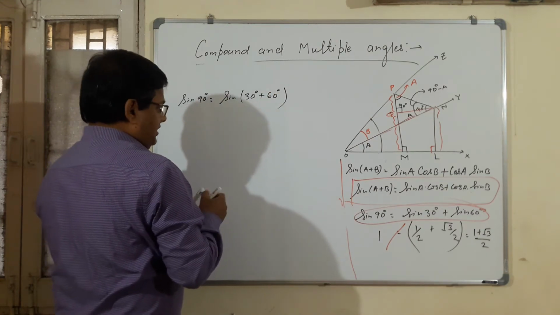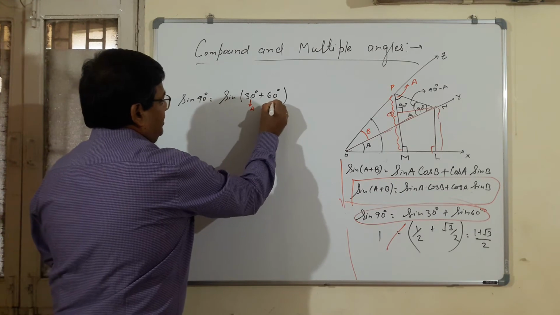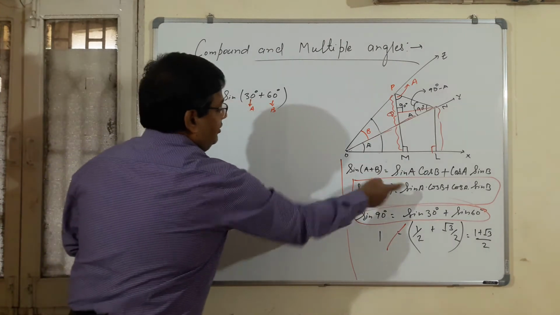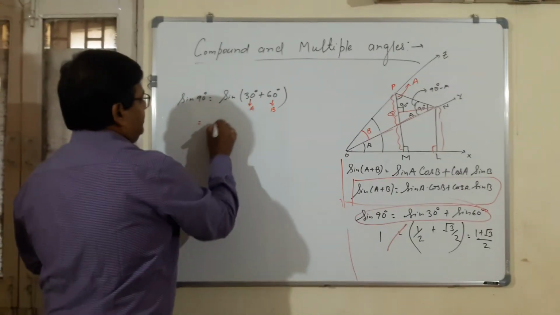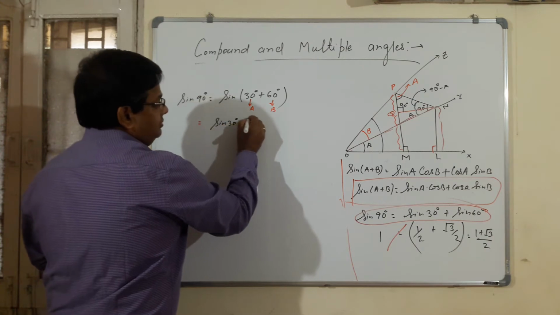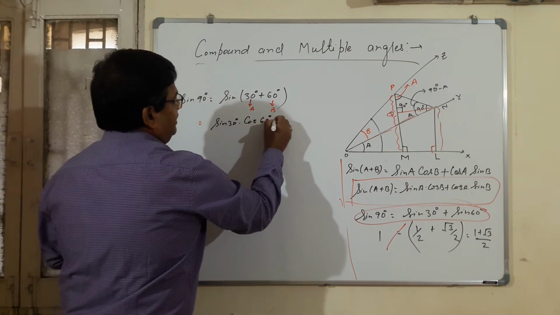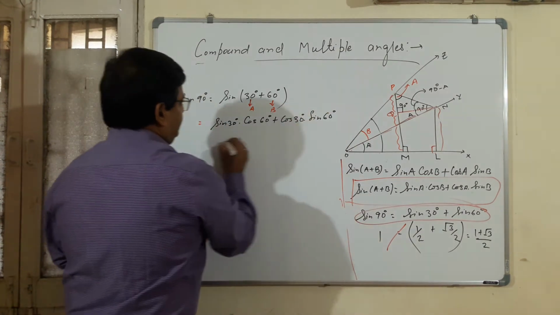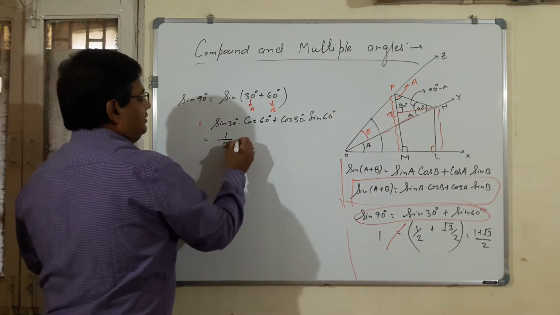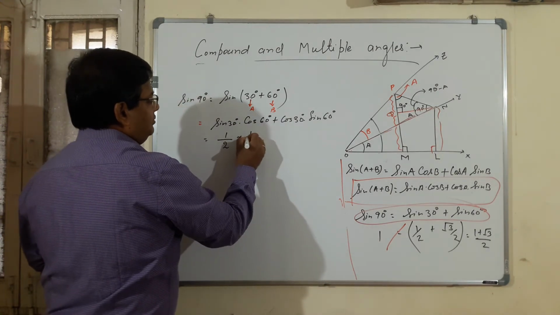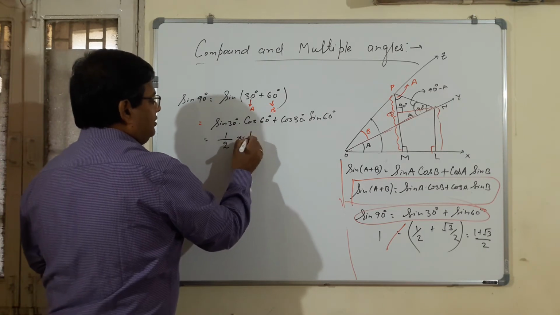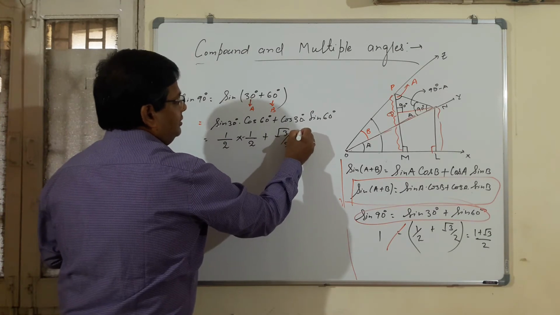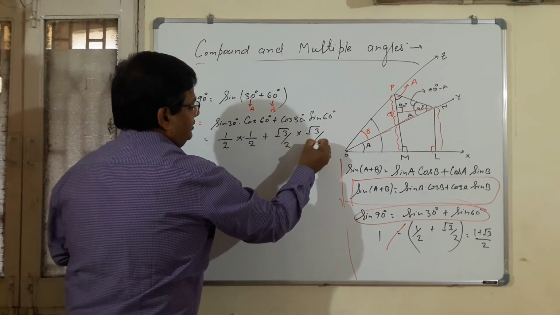Suppose this is A and this is B. Use the formula: sin A into cos B plus cos A into sin B. So here sin 30 degree is 1 by 2, cos 60 degree is also 1 by 2, cos 30 degree is root 3 by 2 into sin 60 degree root 3 by 2.